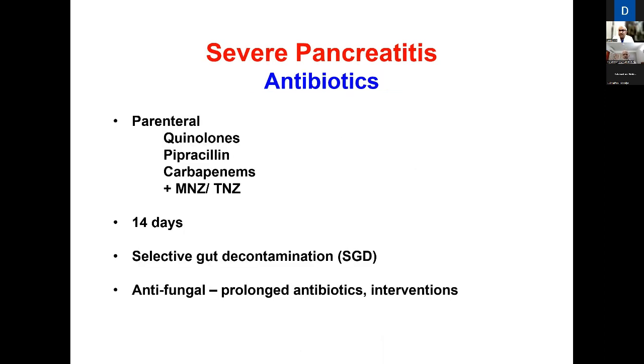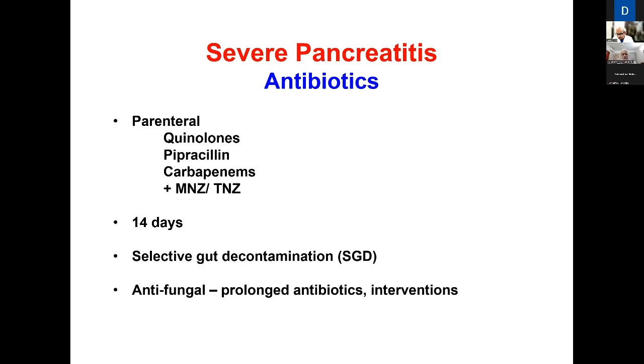The role of antibiotics in acute pancreatitis is a very debatable, very controversial topic. There is evidence that they are not required in patients with sterile necrosis, but in practice, most groups do use prophylactic antibiotics, especially in patients who have extensive pancreatic necrosis, even if there is no suspicion of infection.